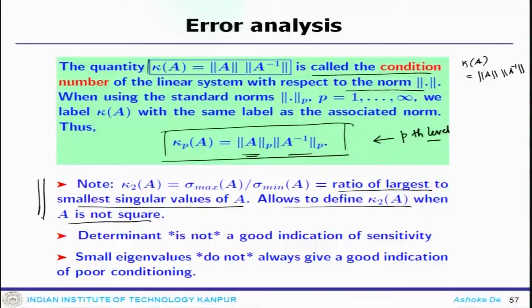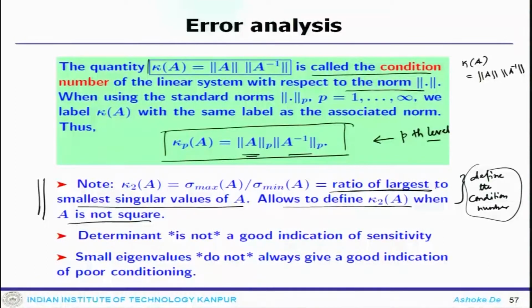When A is not a square matrix, you can still define the condition number, as the ratio of the largest to the smallest singular values of A, which tells you, depending on the condition number, the sensitivity of this matrix for the linear solution.